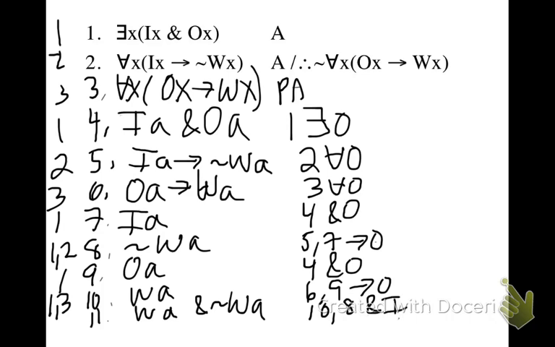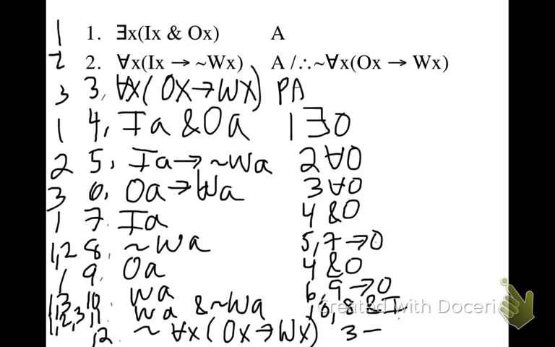So that will depend on 1, 2, and 3. And then line 12 will be my conclusion. It's false that for all x, if OX, then WX. And that's by 3 through 11 dash in. And that'll depend on 1 and 2.